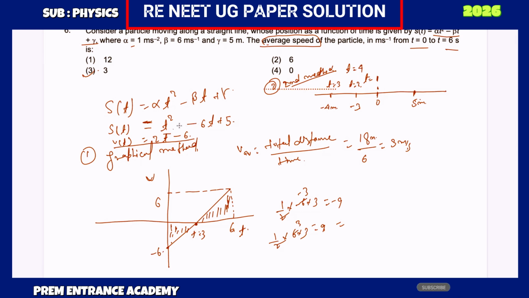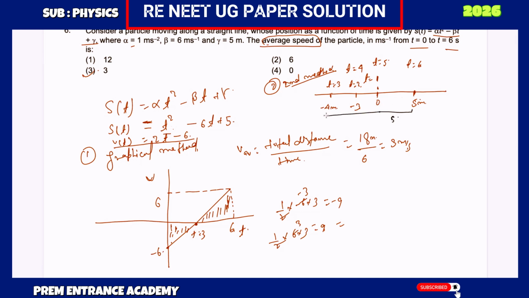At 5 seconds, it will be 25 + 5 = 30 − 30, again at 0. The particle is returning. At t = 6 seconds, the particle is at the same position as at the start. So the motion is like this: the particle starts from this position and goes to the origin. So 5 meter is this one.